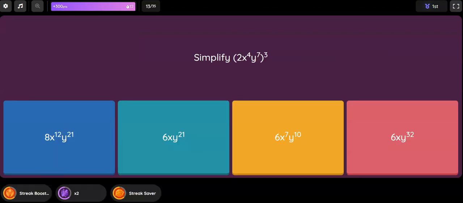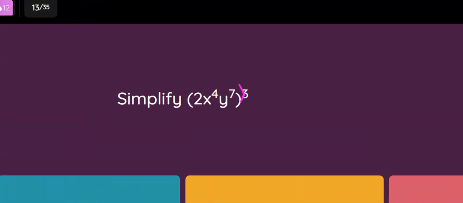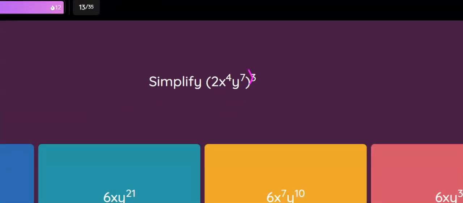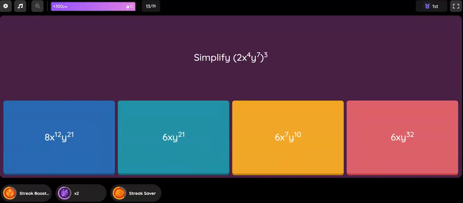Be careful in this question. I see my exponent is touching parentheses, so that means I'm going to distribute. But don't forget, when you distribute, you can only multiply exponents times exponents. So you're going to multiply it times y's exponent, x's exponent, and 2's exponent. And 2 doesn't have a visible exponent, so that makes its exponent 1.